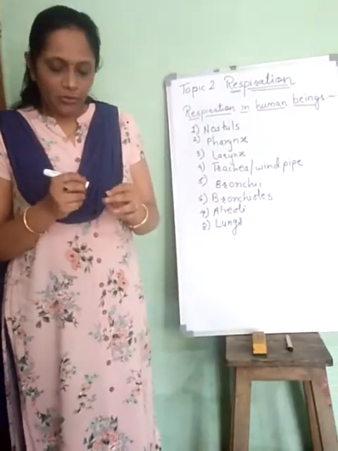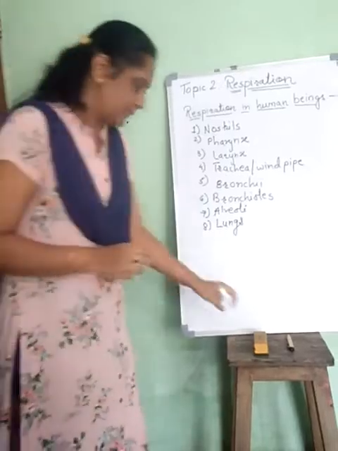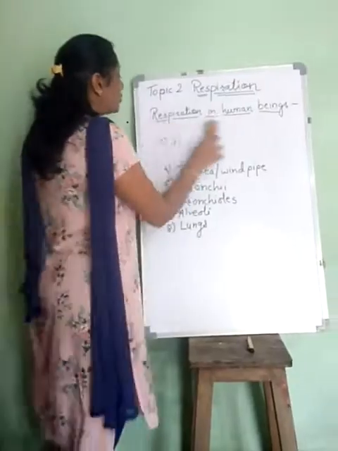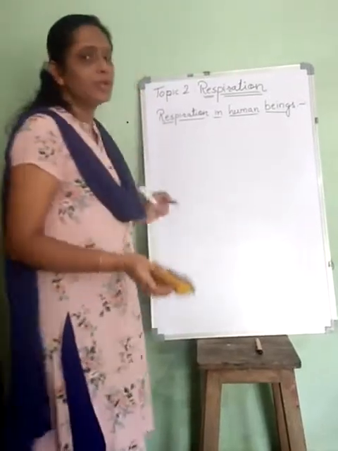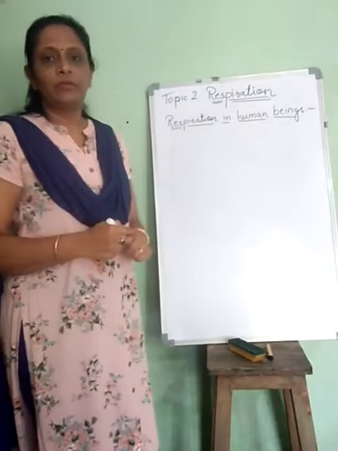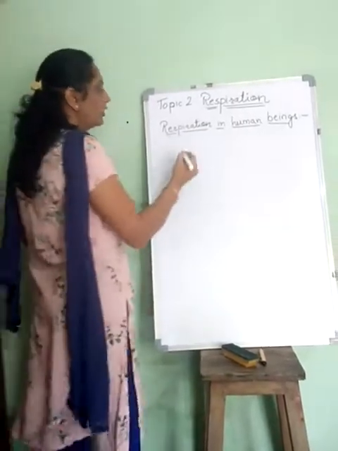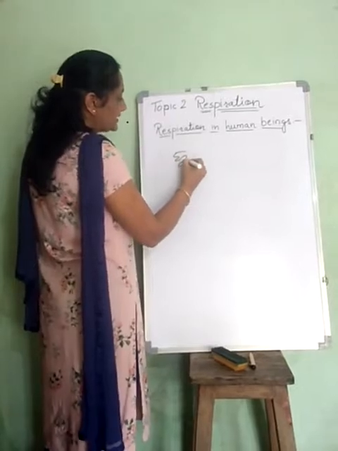So today we are going to see how to draw the human respiratory system. So let's draw it. After finishing my session, I request you all to draw this in your notebook by observing the video. First it starts with the mouth and the nasal passage.